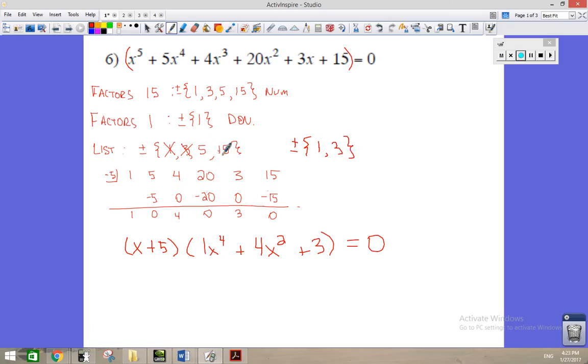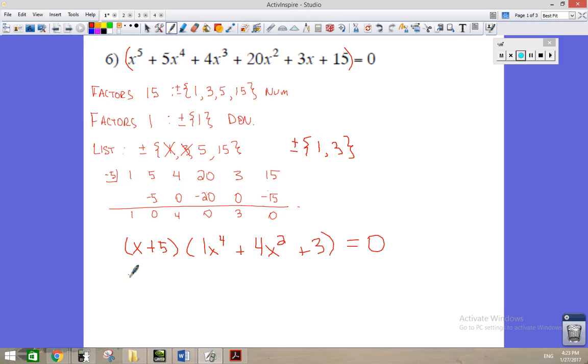I can throw out 5 and 15 because I'm looking for numbers that divide 3, which is just 1 and 3, but we already checked -1 and -3, and we know that +1 and +3 don't do it. So I know that this produces no rational solutions.